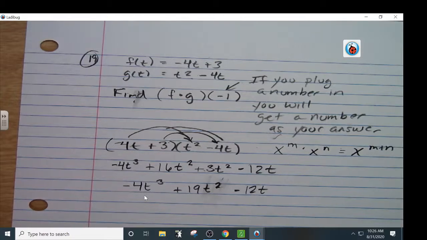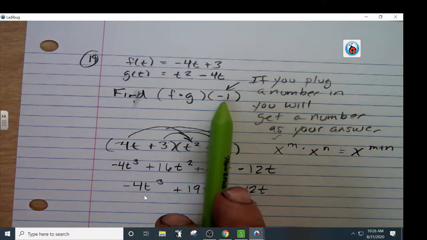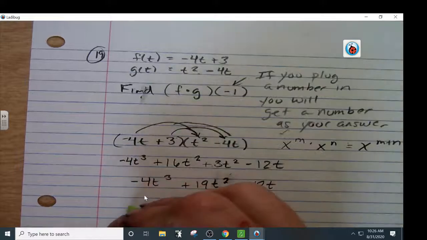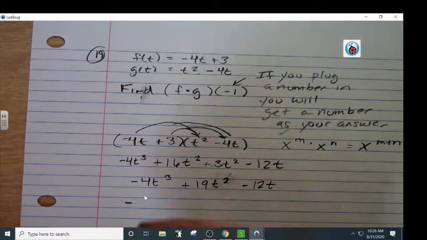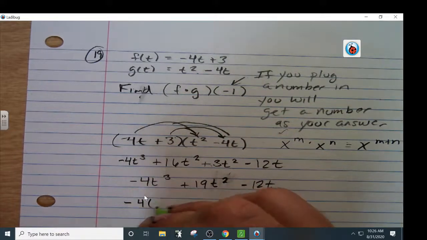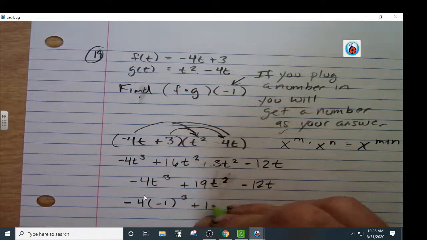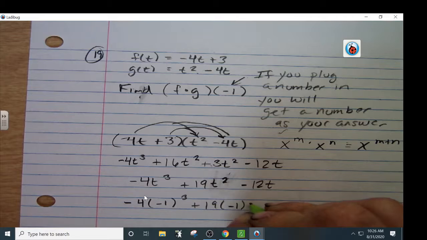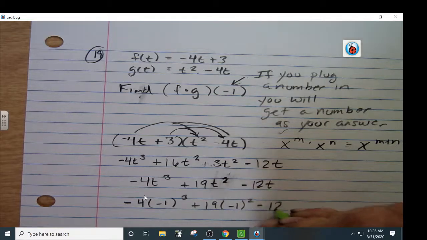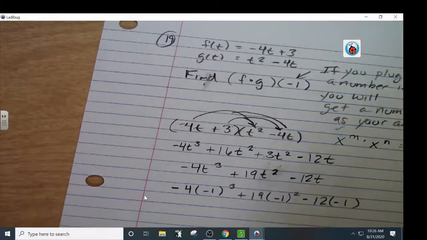All right, now, so we've got it cleaned up. Now we need to plug the negative 1 in. We're going to let the calculator do that work for us. It's really easy to mess this up, so once you get to this part, guys, I'd let the calculator do the work for me. Okay?